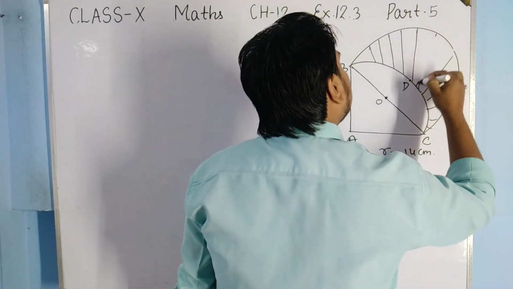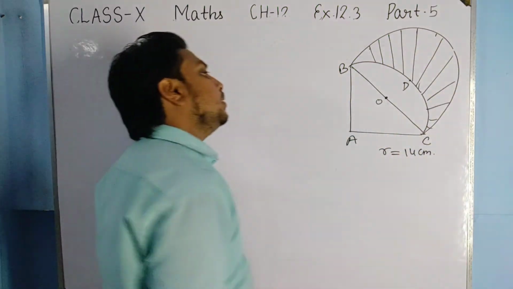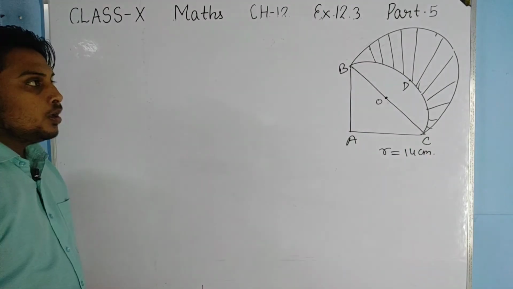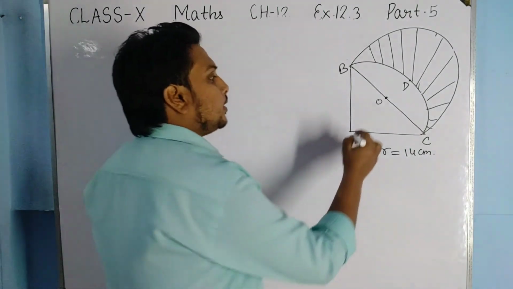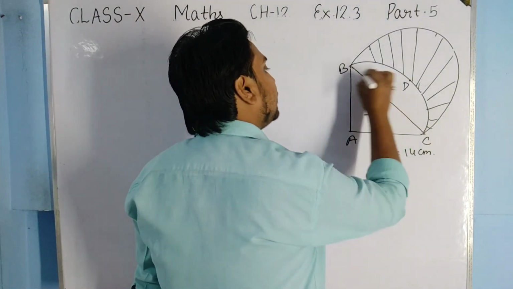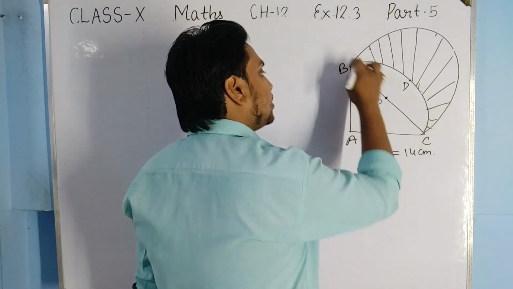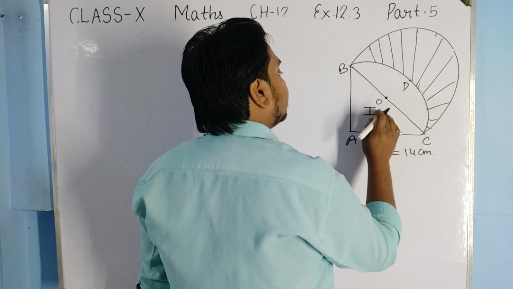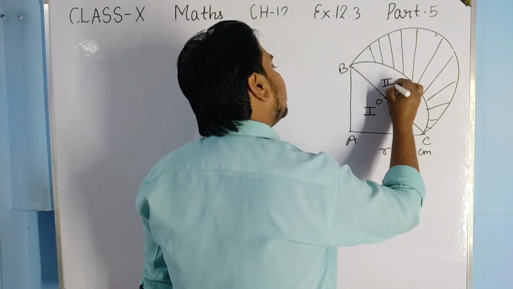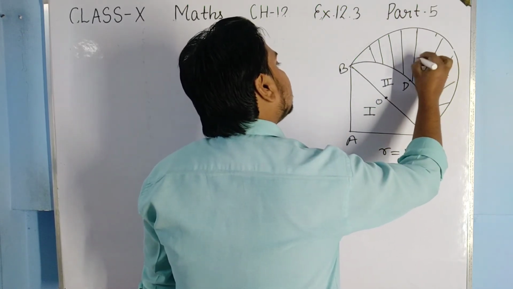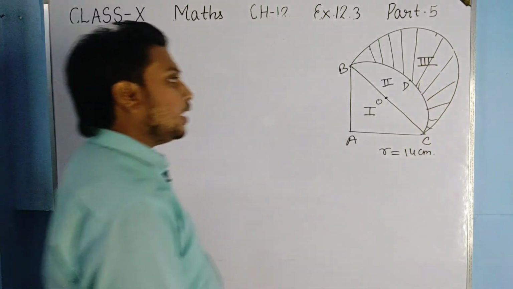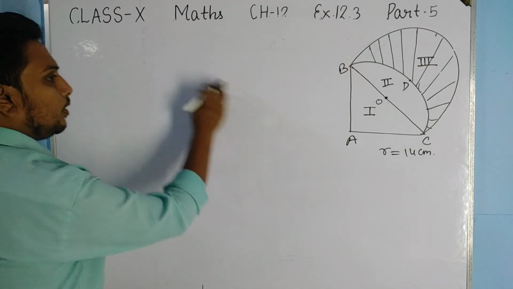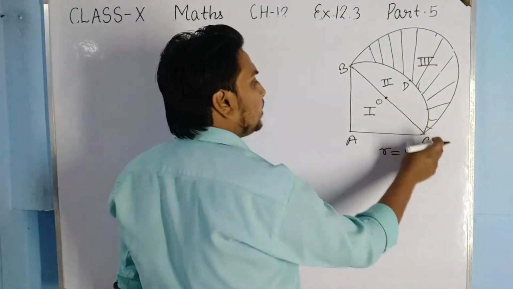So students, how will we reach the area of the shaded region? Let us suppose that this is region 1, that is a triangle. You can see 3 types of shape here. One is triangle ABC.